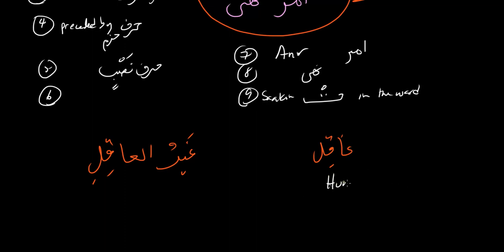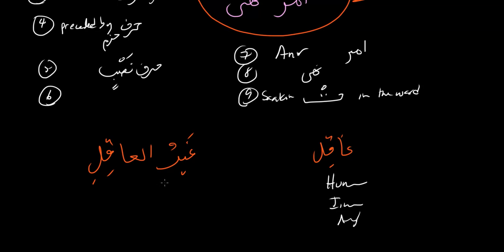These are humans and jinns and angels, I think. These are the three categories. Anything outside of this, cats, dogs, trees, books, these are all ghair aqil. So basically, humans, jinns, and angels are aqil creatures. Everything else is ghair aqil.